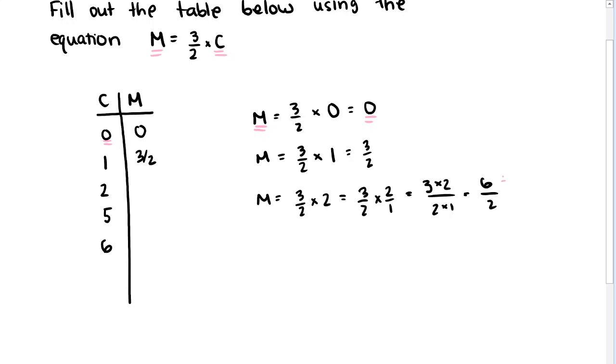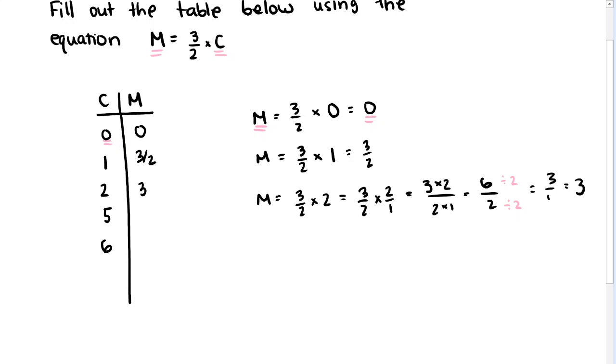So here, if we divide by 2 from top and bottom of this fraction, we get 3 over 1, which is just 3. So this is 3. And I want to talk about, in a moment, maybe a slightly cleaner way of doing this. There's a lot of steps in this, and maybe a little bit of unnecessary steps. But let's just compute a few more examples first, and then I'll come back to that idea.